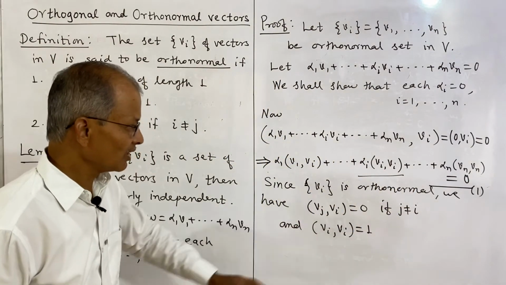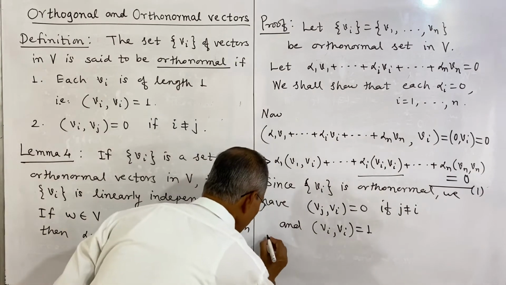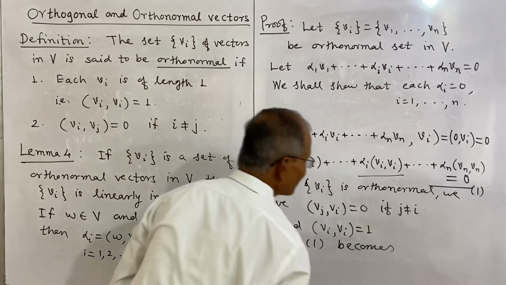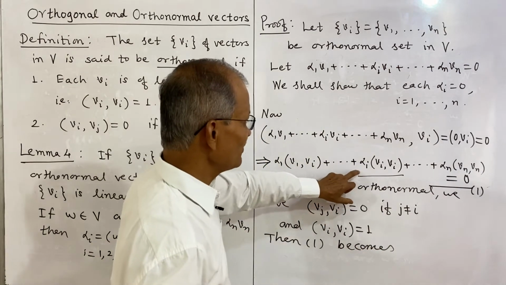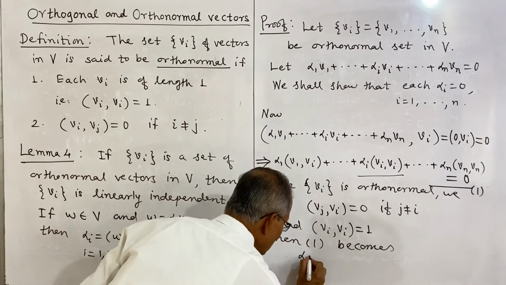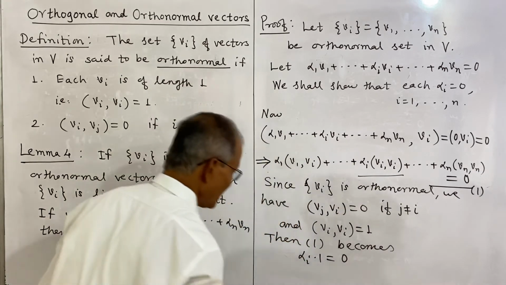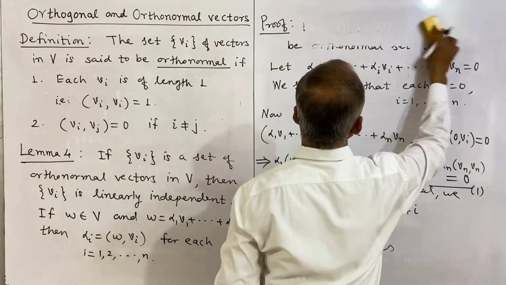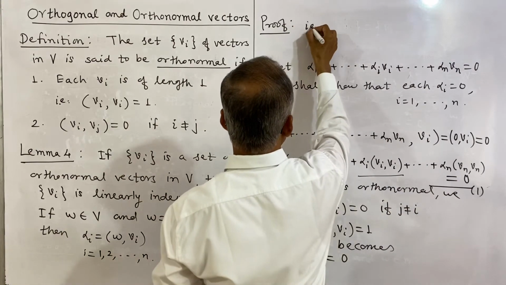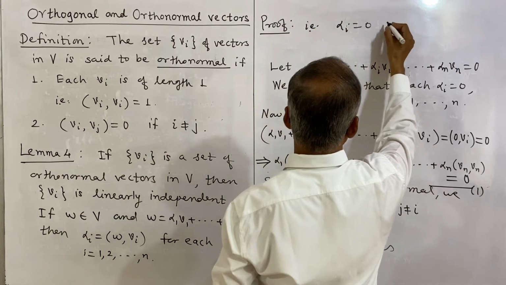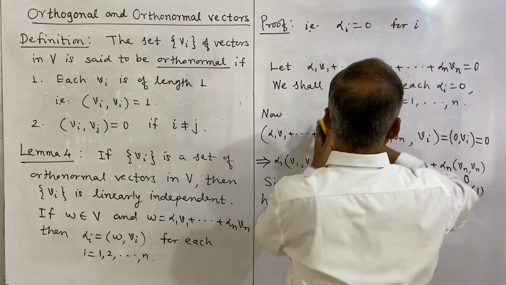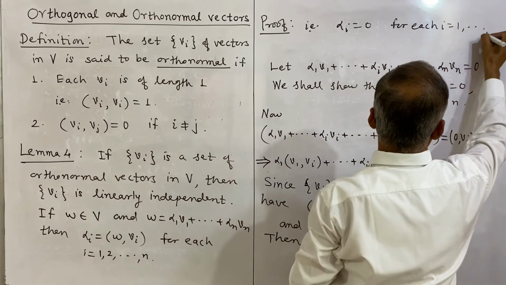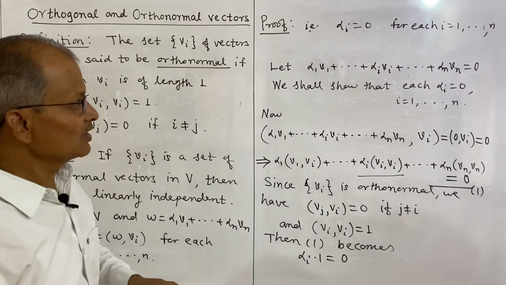So by this condition, from 1 we have, the left side will only be alpha i into 1 is equal to 0, that is alpha i is equal to 0, that is alpha i is 0 for each i, i taking value 1 to n, and this is what we have to show.